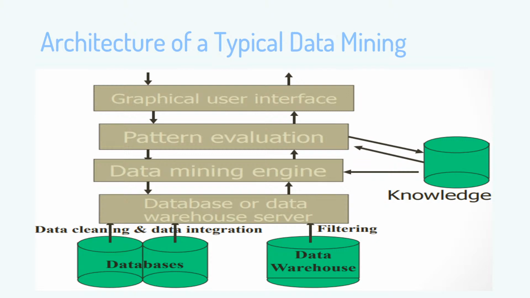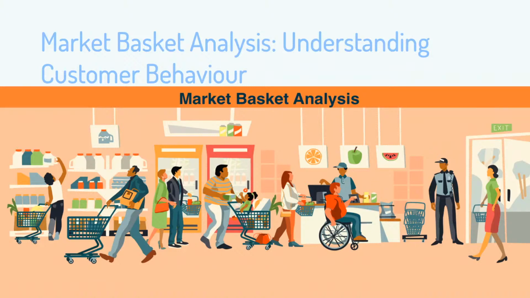For AP, what is the product currently trending? I will gain some knowledge using the data mining engine and pattern evaluation. After I do all this process, I will save it as cleaning and integration of the database. So this is the architecture of typical data mining.